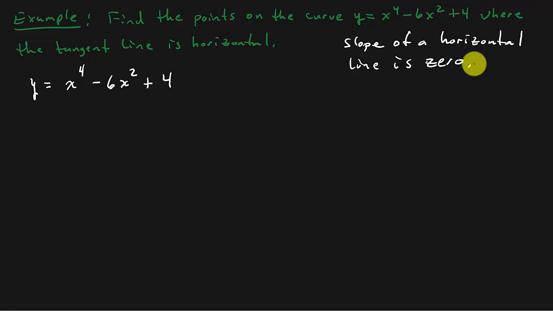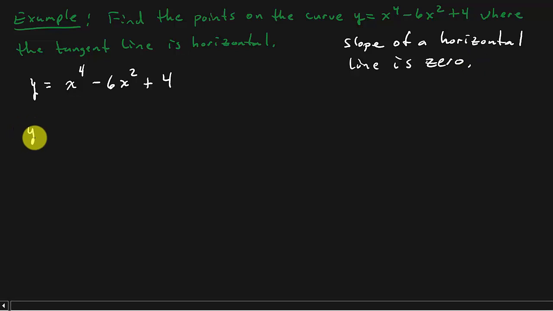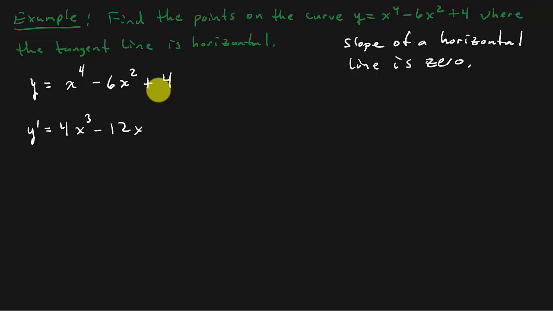All right. So if we take the derivative of this, that's going to be what? 4x cubed minus 12x, and then the derivative of 4 is 0. Okay, so hopefully you understand how I got that derivative. Now we want to know what points on here is the tangent line horizontal?